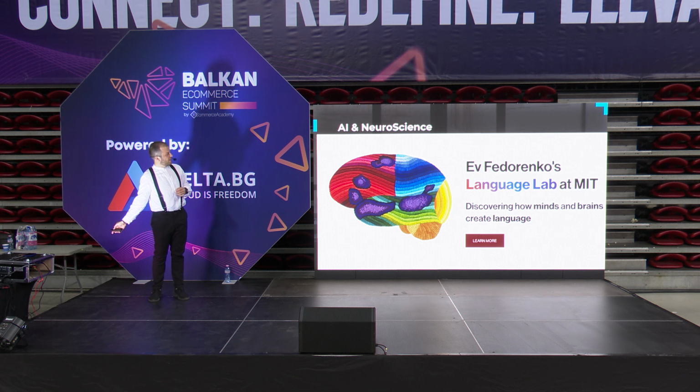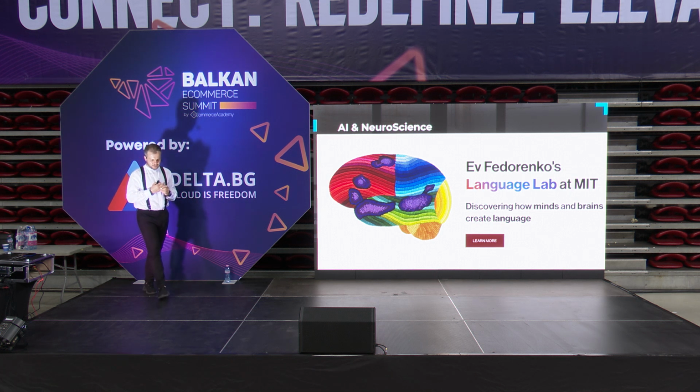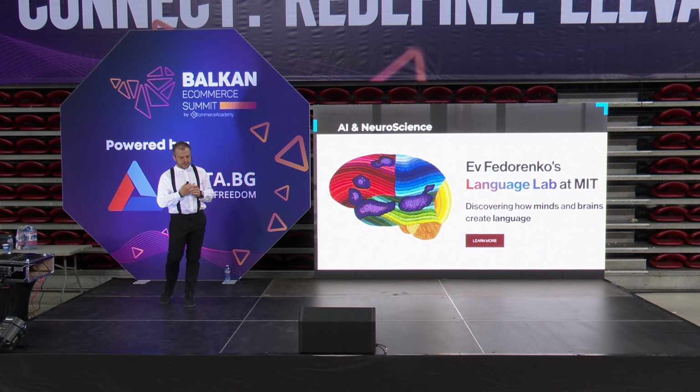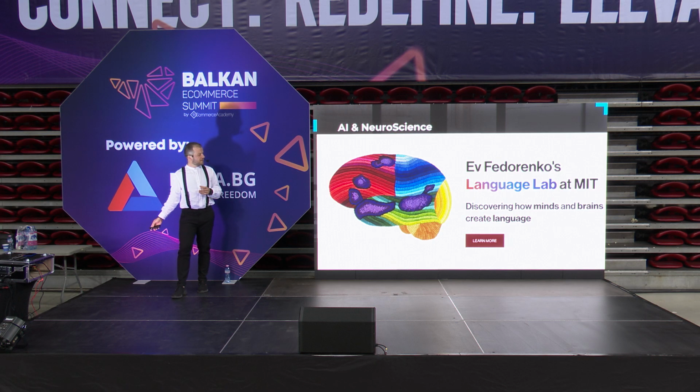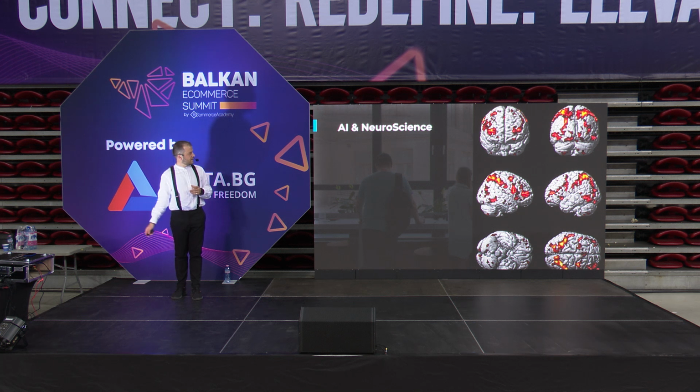Okay, last 4 minutes, 3 minutes, and I want to share with you another interesting research from MIT. It's about discovering how minds and brains create language. The interesting thing is that scientists from MIT analyzed that we can use AI in neuroscience.